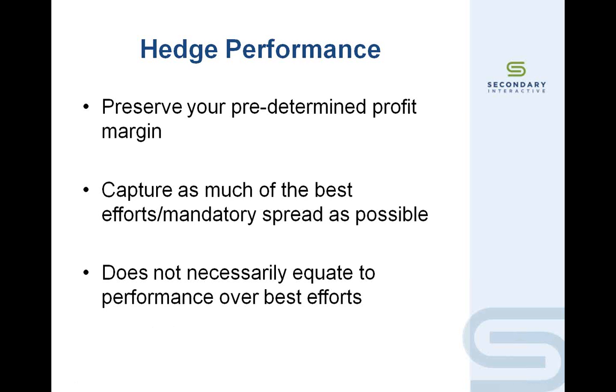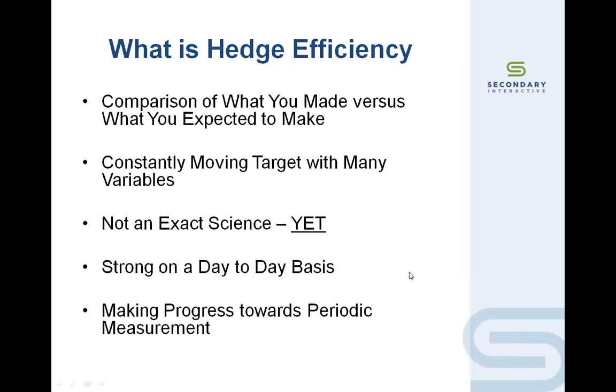This was a point that it took me a long time to really wrap my head around, but essentially we measure performance over margin. If you do it over best efforts, it's a bit of a moving target. Best efforts pricing will come out in the morning, at 8 in the morning, say, and if you lock that loan in at 2 in the afternoon, there's market movement in there that will dilute your measurement of hedge performance by that market movement. So if you just look at performance over margin, you're getting a true measure of how the hedge performs.